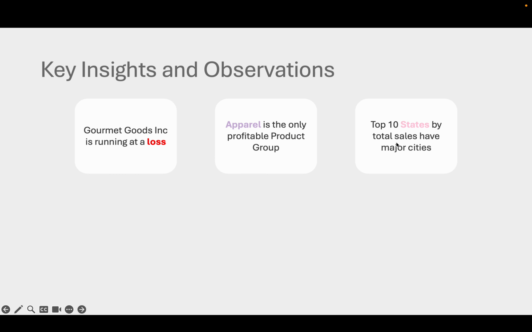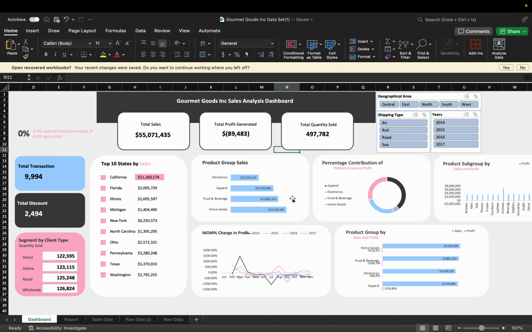The top 10 states by total sales have major cities. That is also something I have observed. California being a big state with a lot of major cities, the likes of New York, the likes of Texas, you have Dallas, Austin, Houston, North Carolina.